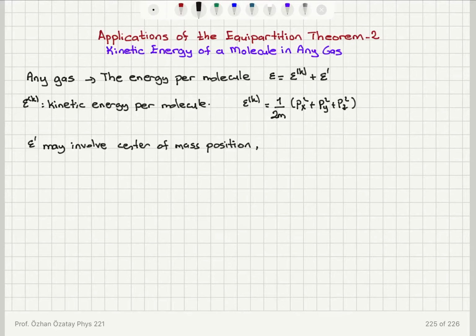It may include coordinates and momenta that are describing rotations and vibrations with respect to the center of mass.